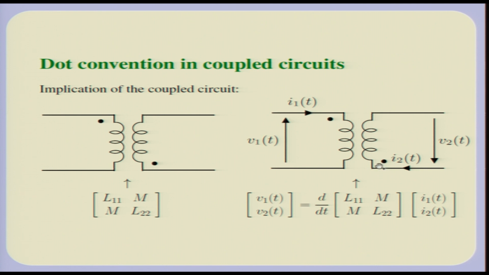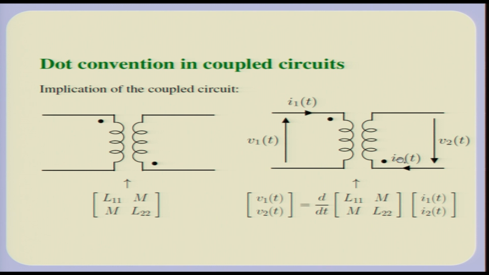Suppose I have got a coil for which I have given the inductance matrix here, then what it means is of course that V1, V2 and I1, I2 have the directions as shown, and the L matrix has to be written down in this fashion.